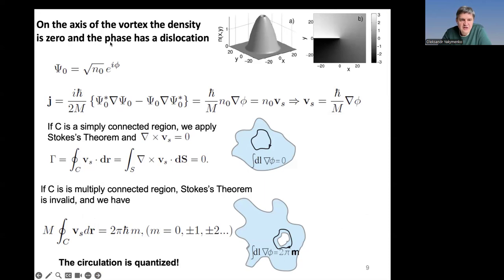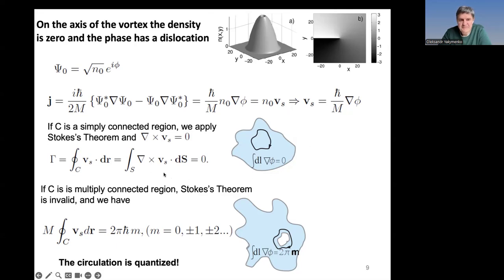So, of course, you know that in quantum mechanics, the phase of the wave function relates to the velocity field, because you have the flow, which is related to the wave function like this, where rho is the density and Vs is a velocity.